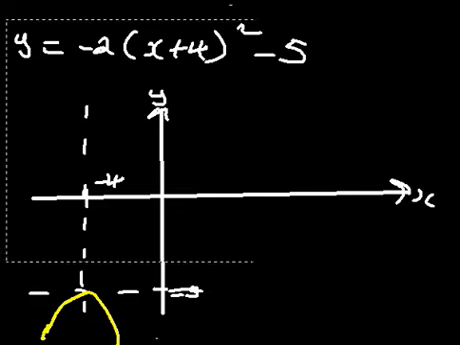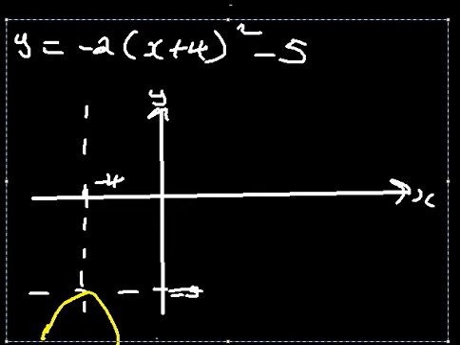So at the end, try to have the graphs of the following functions. Let's say y is equal to x squared minus 2x minus 3.